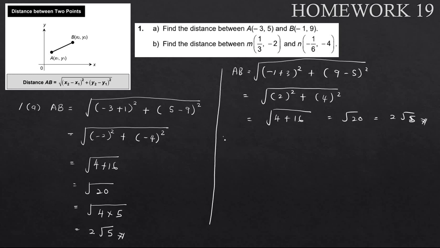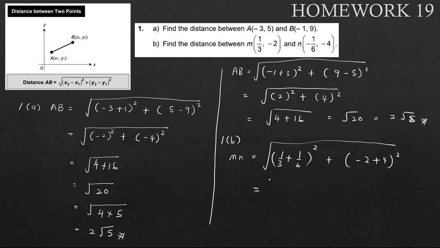Okay, 1b. Find the distance between point M and N. Again, using this formula, I did not write down the formula, I straight away substituted the values. So 1 over 3 minus negative 1 over 6, minus minus is plus, 1 over 6, squared, plus negative 2 minus 4, minus negative is plus 4, squared.